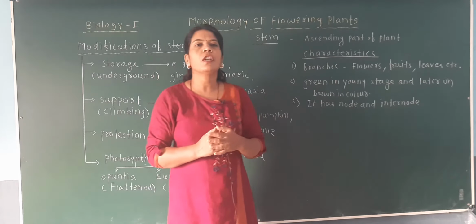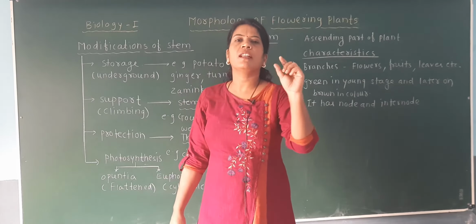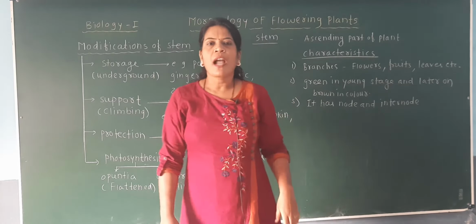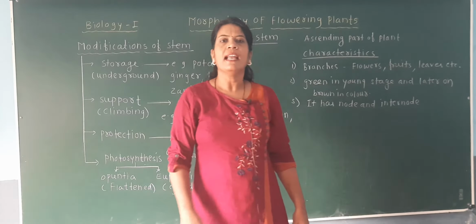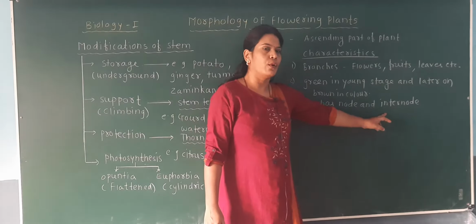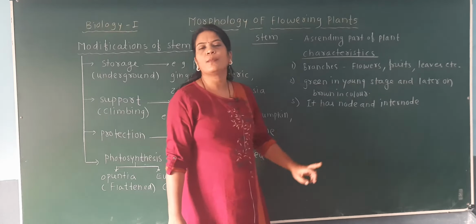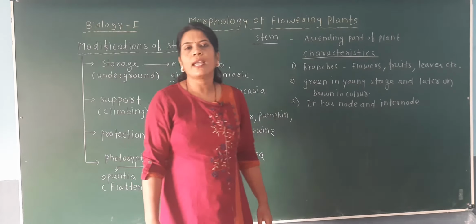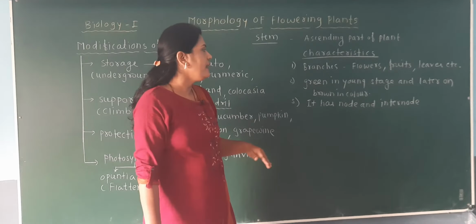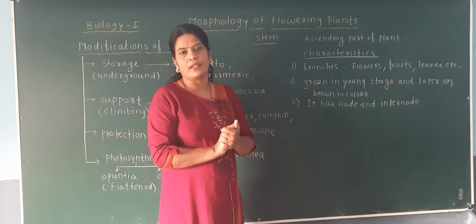In our previous lecture we have seen that the place on the stem where leaves are formed is called a node, and the distance between two successive nodes is called the internode. So these are the characteristics of the stem, that it has node and internode.